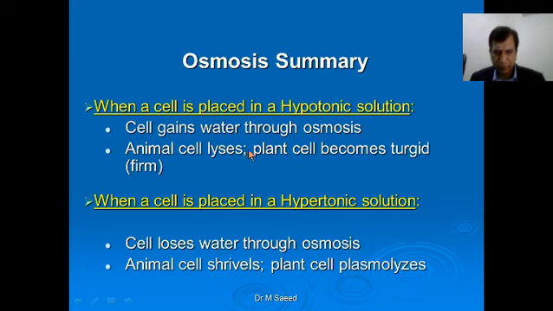Plant cells in hypotonic solution do not break because the wall is stronger compared to the animal plasma membrane. The animal cell has only a plasma membrane, while here there is a tight cell wall, so it becomes turgid and usually does not rupture.